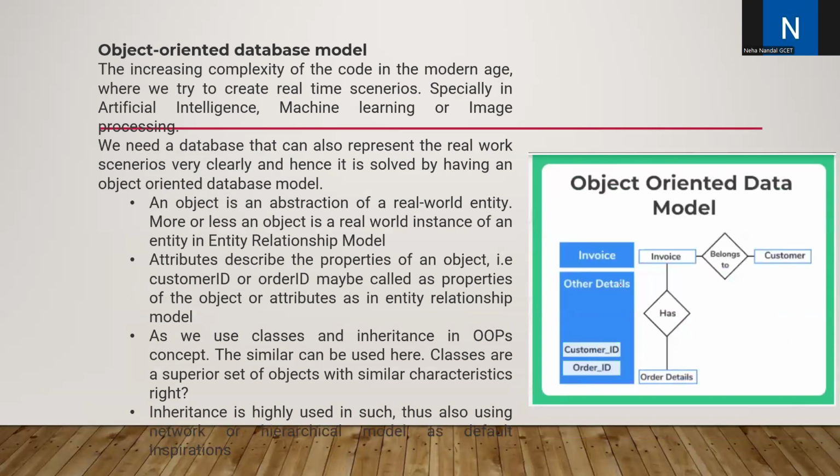The next model is the object-oriented database model. So we are utilizing classes and their objects to represent things. Class, basically, you can say, is the overall blueprint. Object will utilize the identity. Let us take some examples of class and object.